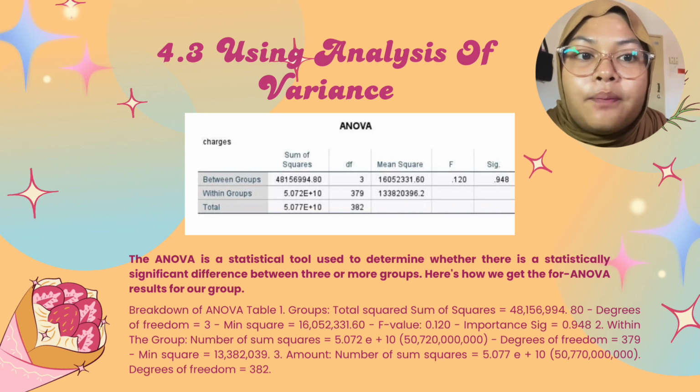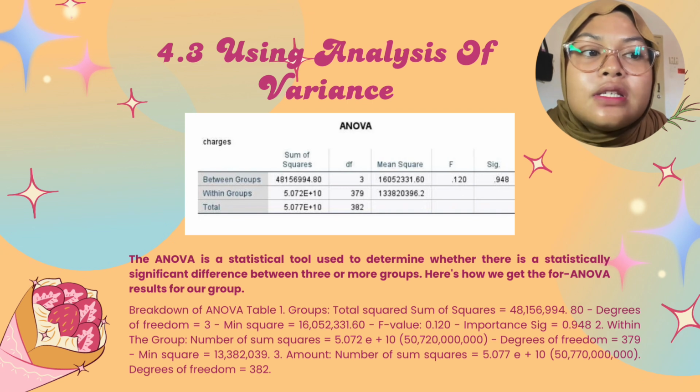Degrees of freedom equals 3. Mean square equals 16052,331.60. F value equals 0.120. Significance equals 0.9482.